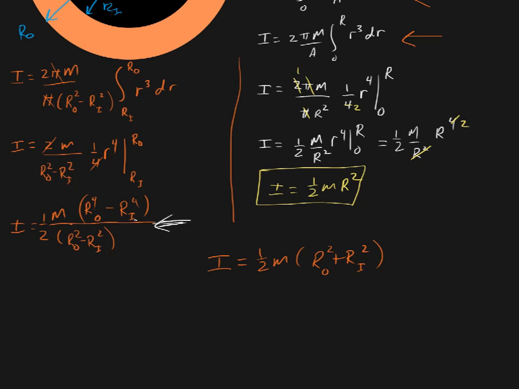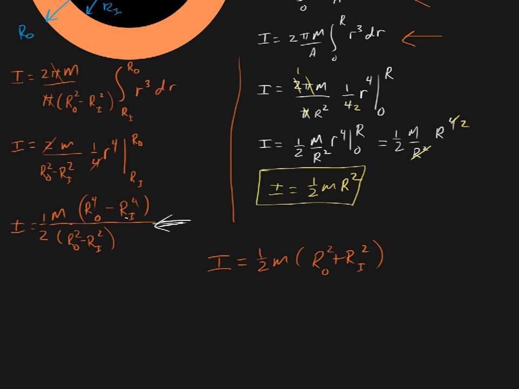But here's the test. If we make r inner go to 0, then what we have is a solid disk. And a solid disk we know is 1/2 m r squared, where the r really is the outer radius of the disk.